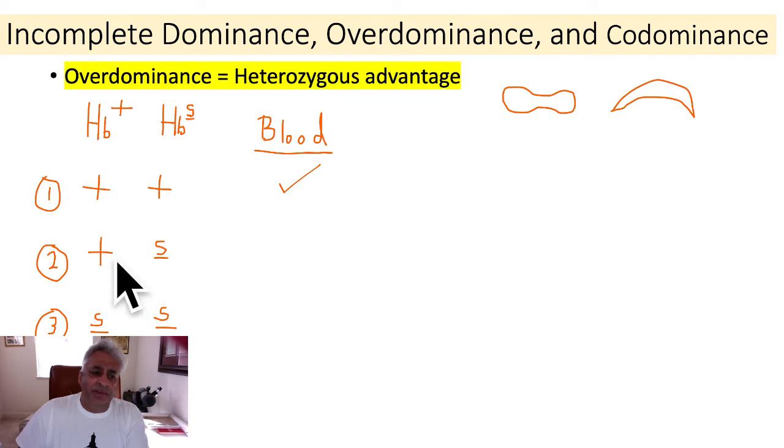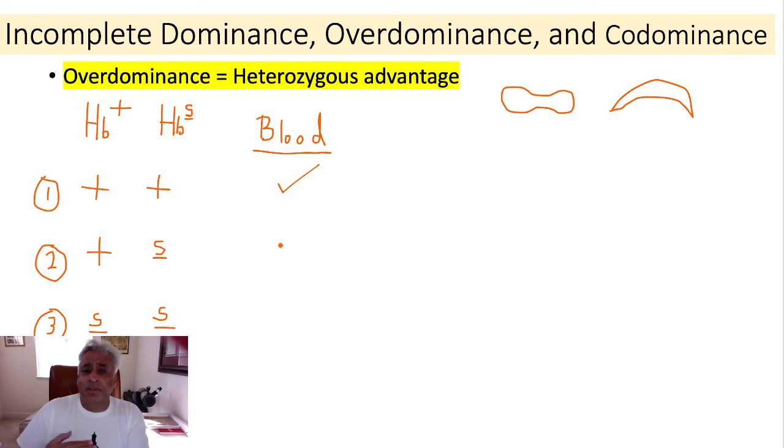The blood of these individuals is also normal under normal circumstances, but under certain circumstances it can sickle. So it's like halfway. And the blood of these people is sickling most of the time, causing the early death. So in this particular example, it's best to be homozygous dominant.